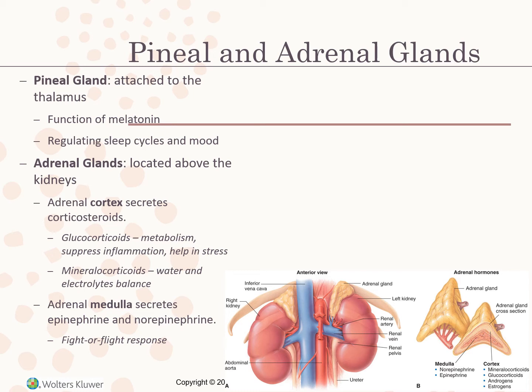Mineral corticoids, primarily aldosterone, maintain water and electrolyte balance, so sodium, potassium, chloride. They balance those out. The androgenic hormones will convert to testosterone and estrogen. And anabolic steroids, which are derivatives of adrenal androgens, promote the development of muscle mass and other masculinizing characteristics.